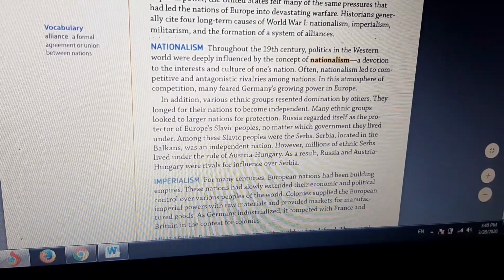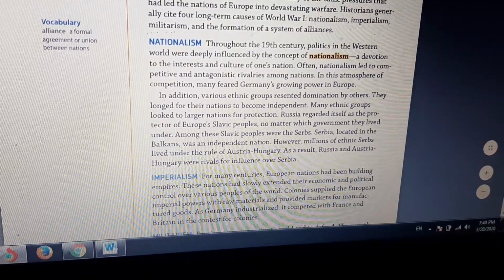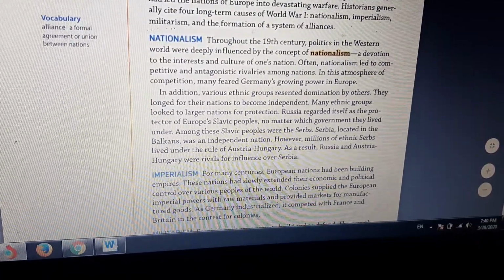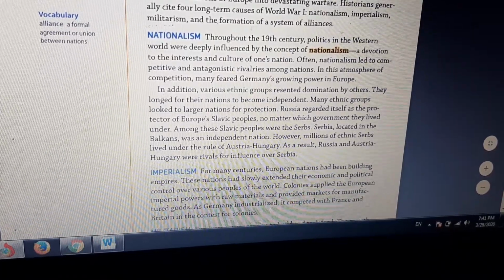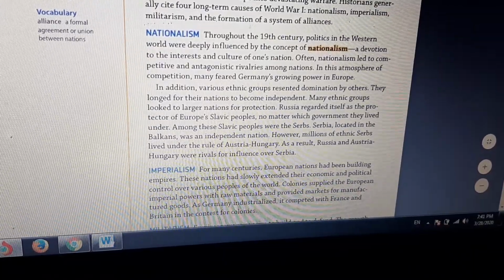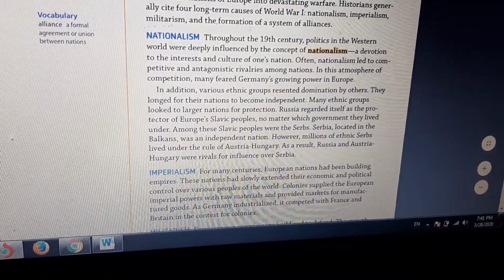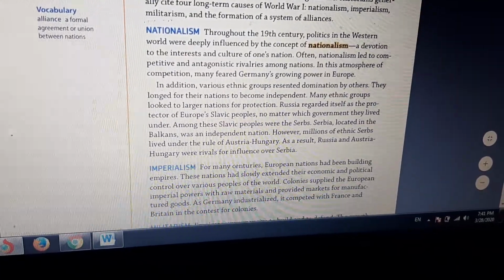So among these Slavic people were the Serbs. Serbia, located in the Balkans, was an independent nation. However, millions of ethnic Serbs lived under the rule of Austria-Hungary. As a result, Russia and Austria-Hungary were rivals for influence over Serbia.